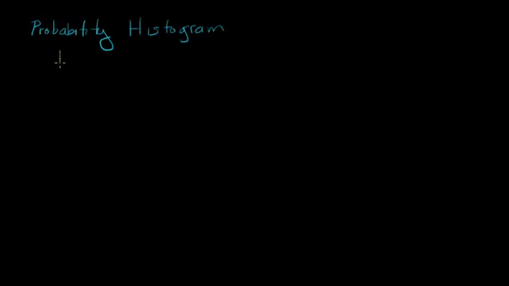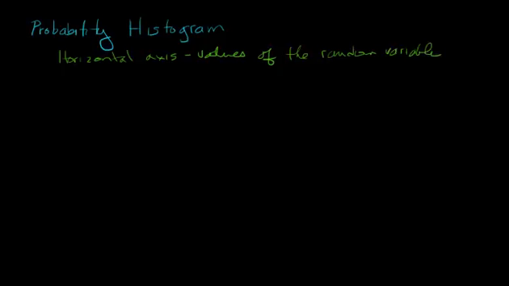Let me make that note. Horizontal. These are the values of the random variable. And then on the vertical axis are our probabilities, for each one of these random variable values.